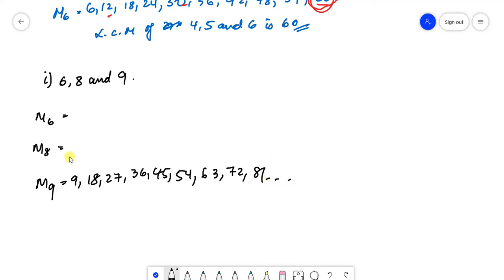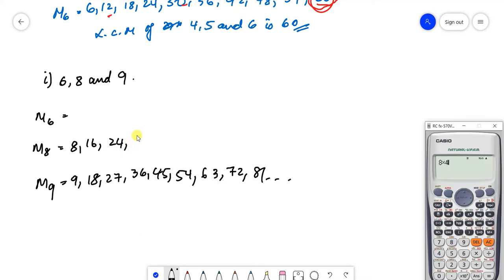Let's try with 8. Let's write down the multiples of 8. 8 ones are 8, 8 twos are 16, 8 threes are 24, then 8 fours are 32.